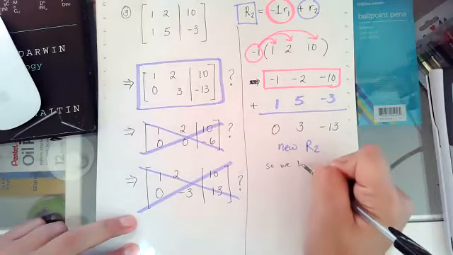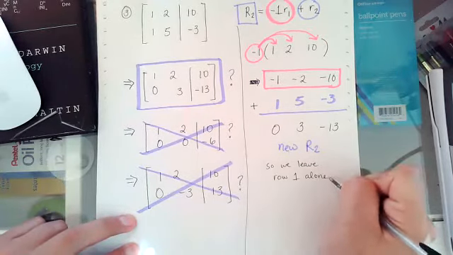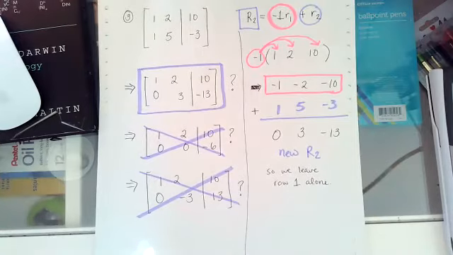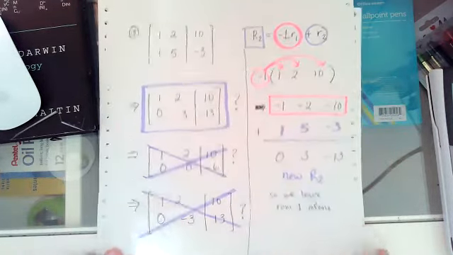So we leave row 1 alone. Okay. Do you guys want another row operation where you have more than one operation to do? Yes. Okay.